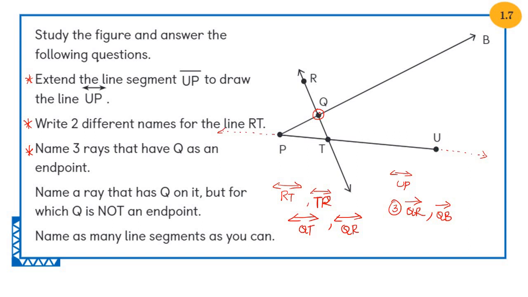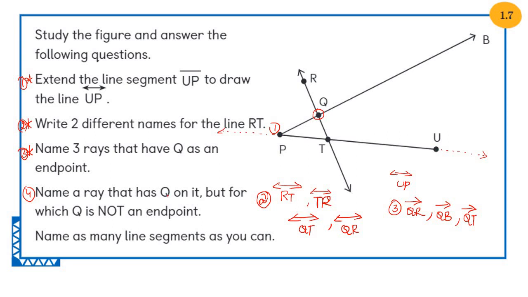What is the other one? Ray QT. These are the three rays with Q as an endpoint. What is the fourth one? This is the first one, second one, third one.